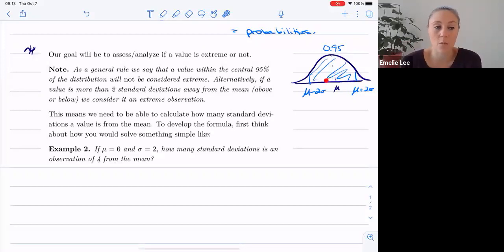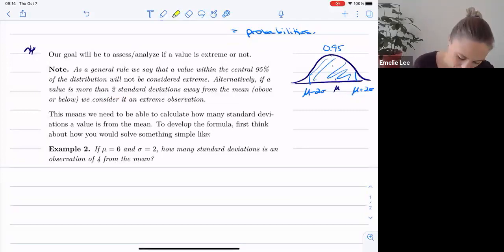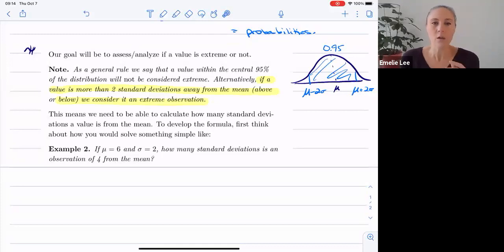That's what we allow most of the time. And so what we're going to say is that if a value is more than 2 standard deviations away from the mean, either above or below, then we consider it an extreme observation. Okay. What does that mean?